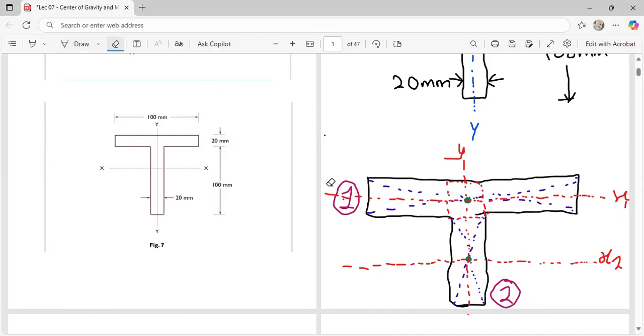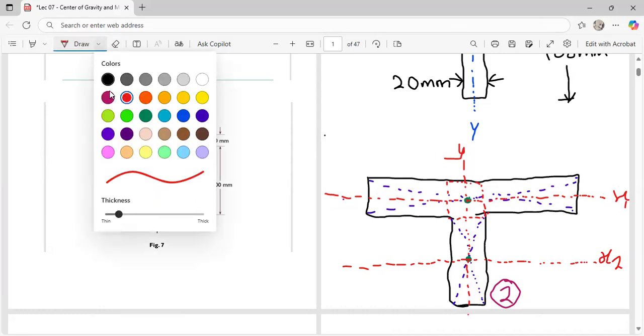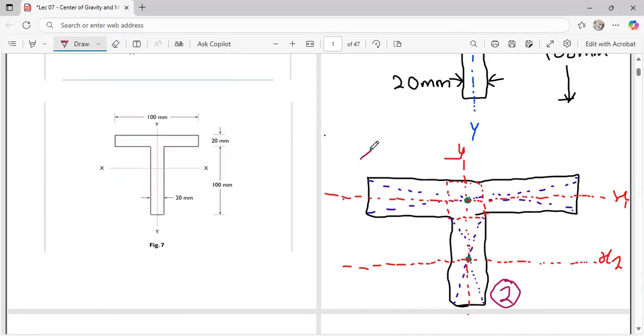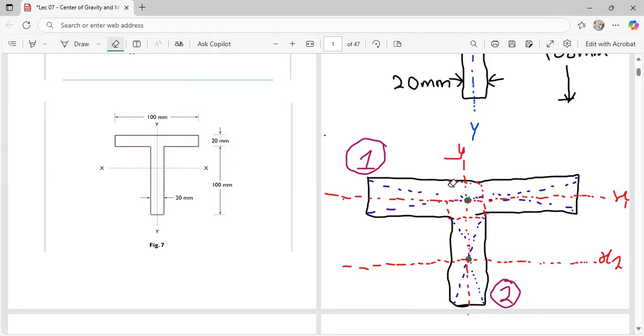Yes. So let me quickly clean this and read the note so that we proceed. So this is our part one, as we discussed earlier. From there, I just realized one thing.